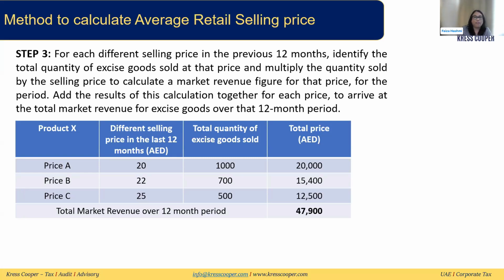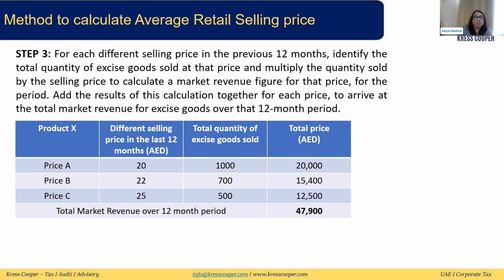The manufacturer identified that the total quantity of the excise goods, or SKUs, sold at 20 was 1,000. At 22, 700 units of the product were sold. And 500 units were sold at 25.